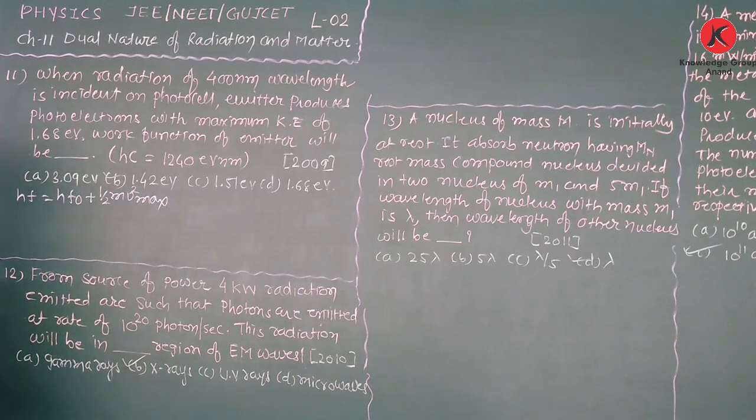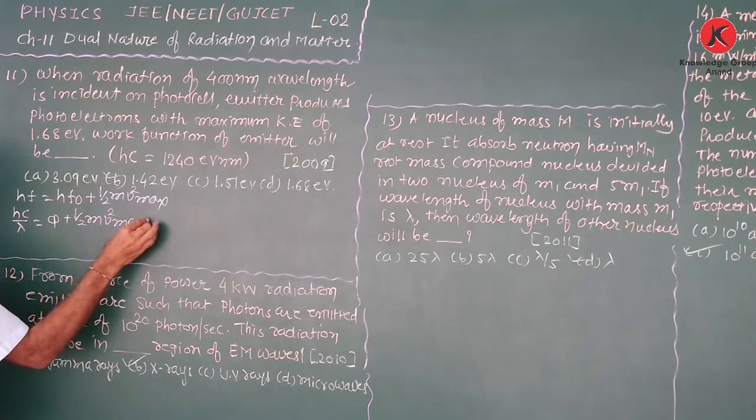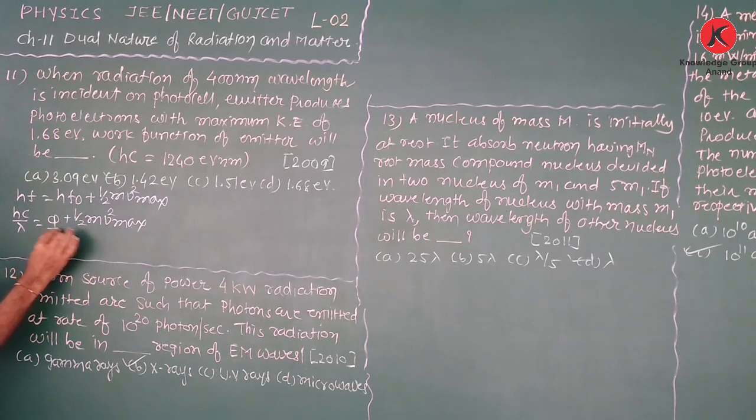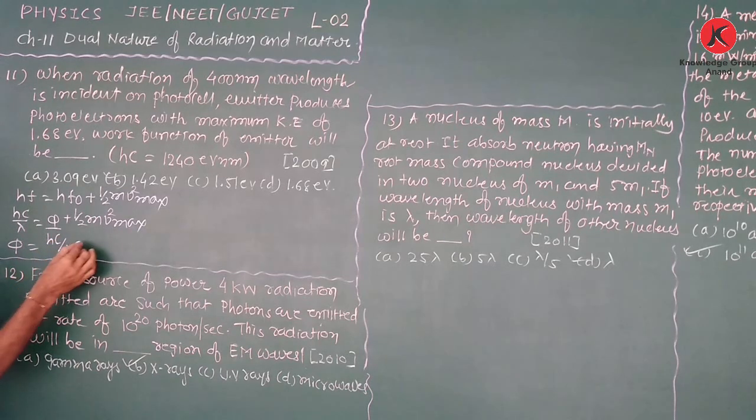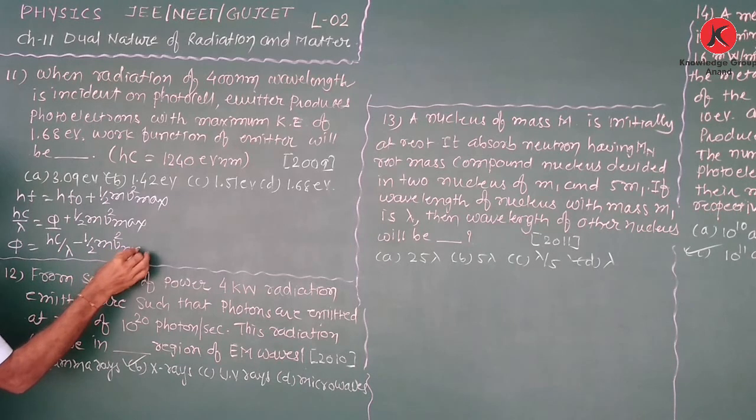Here hf0 is the work function, and instead of hf, the wavelength is given, therefore we can write hc upon lambda is equal to phi plus maximum kinetic energy, half m v square maximum. Now we require the work function, therefore phi is equal to hc upon lambda minus half m v square maximum.